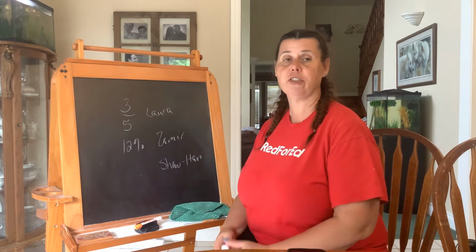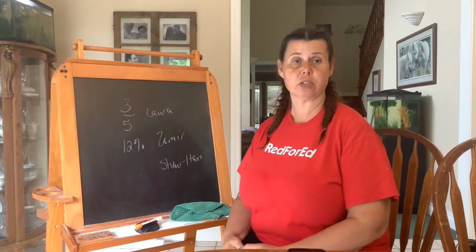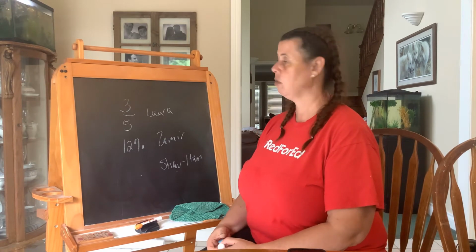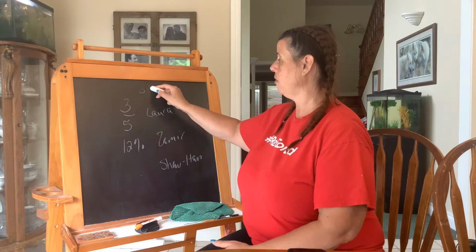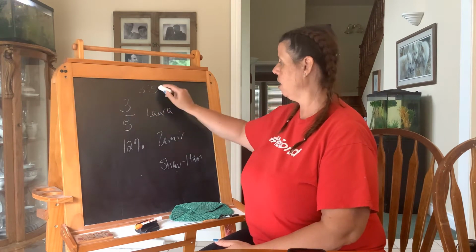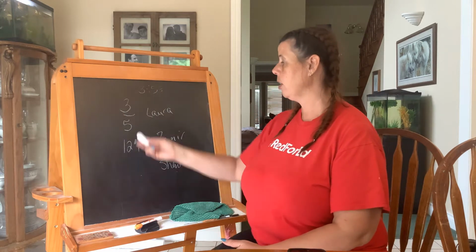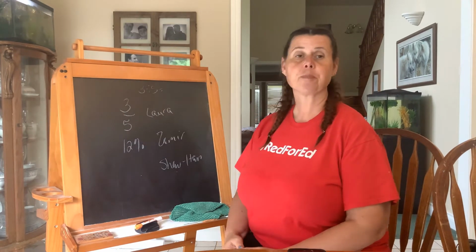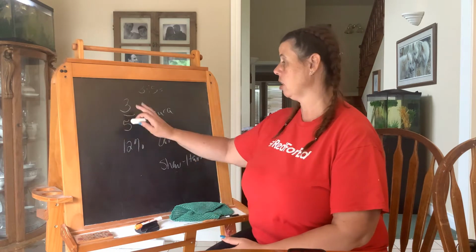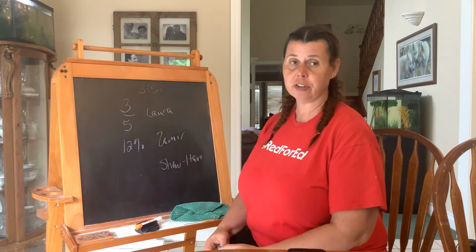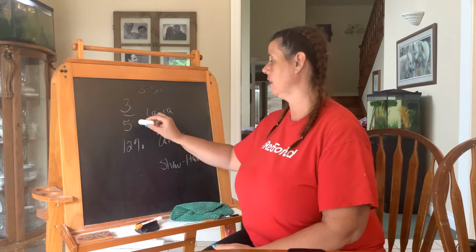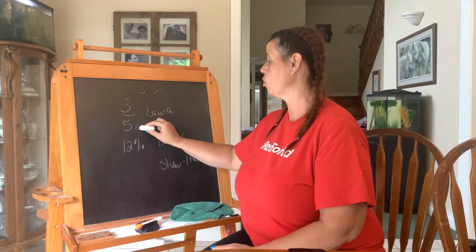So how do I find out what 3/5 is as a percent? A few ways. I've taught you a few things. So we could use our calculator and go 3 divided by 5 equals, or we could make this into a decimal fraction so that we can change it and get it to 100. I can get 5 to 100 easy. So rather than use my calculator, I'm going to go 5 times 20 is 100.